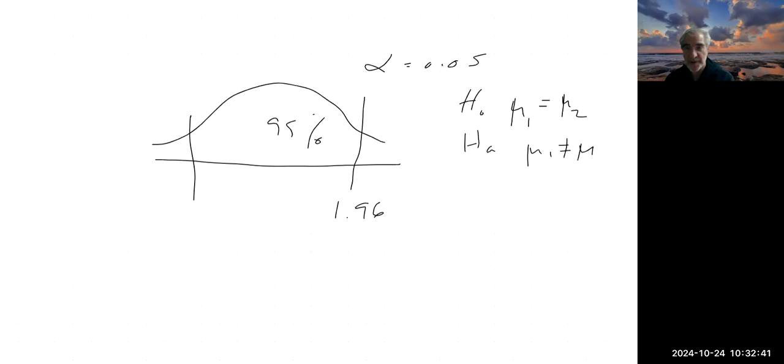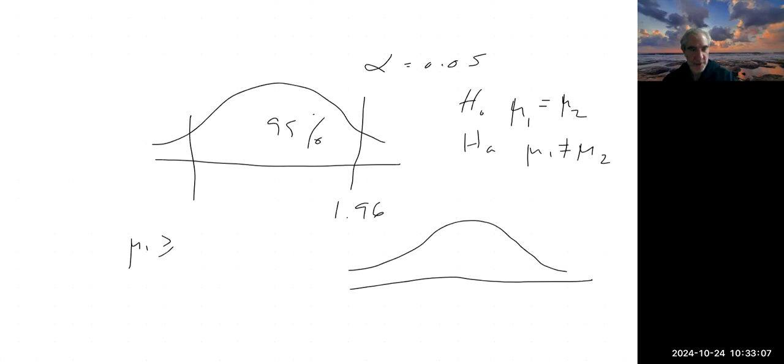Okay, so in this particular test, when one is bigger than the other, you've really passed a more stringent test than if you were actually testing if mu1 is greater than or equal to, let's say, mu2.